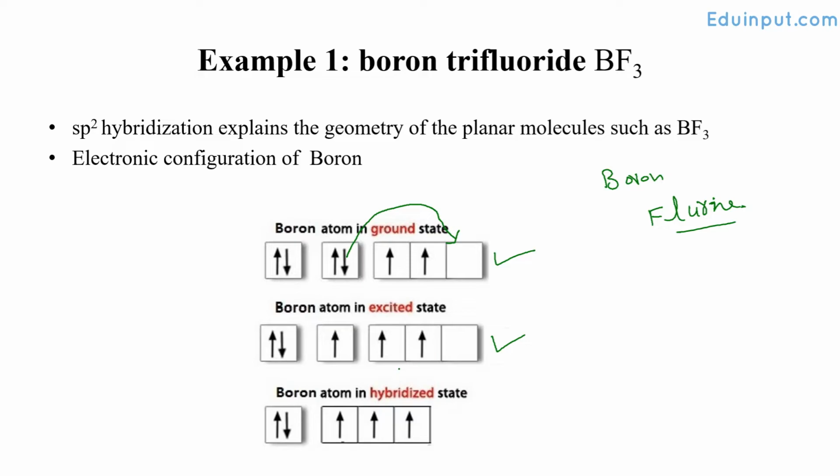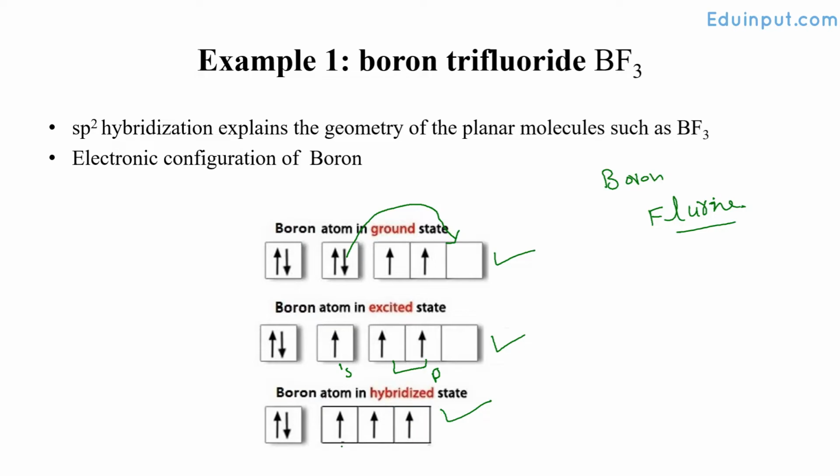Now what we see is the s orbital electron and these two electrons in p orbitals. These three will combine to form three hybridized orbitals.